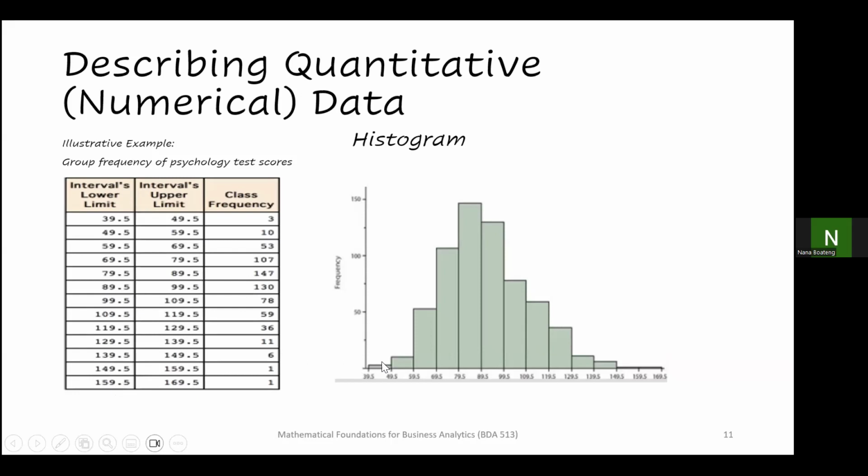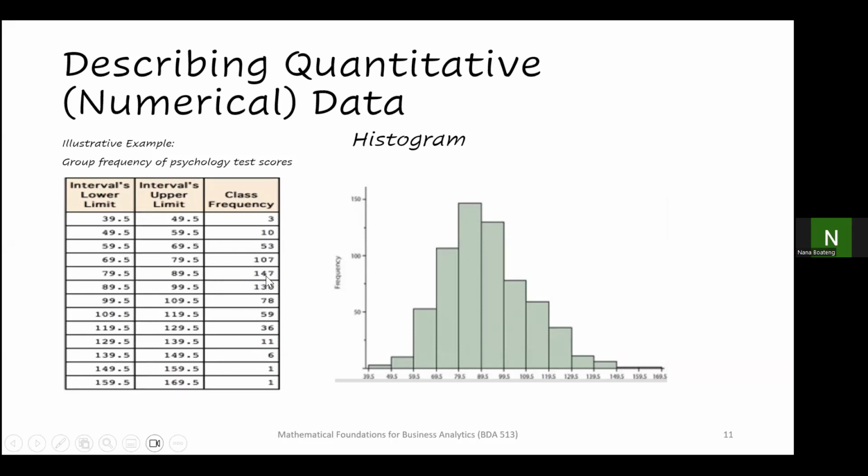So this can be represented on a histogram. Each of the bars shows the frequency. Here we can see that the highest group is the one for 79.5 and 89.5.